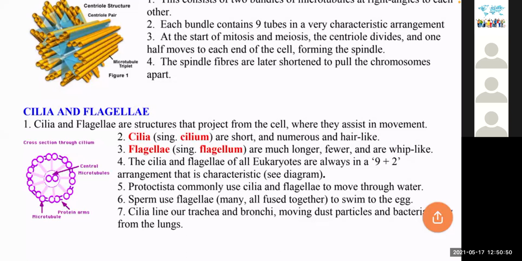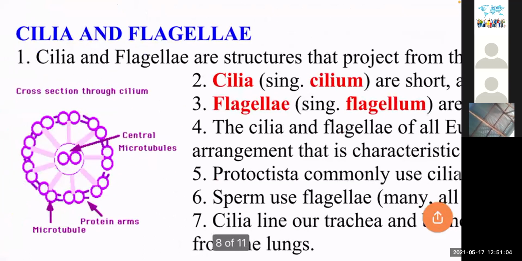How that process is made possible with its structure. Remember, we had the tail, the leg. These are the same structures that we are looking at here.